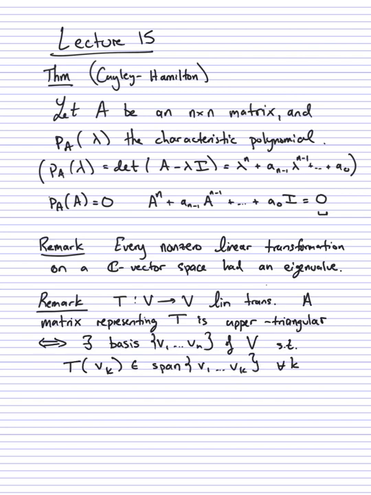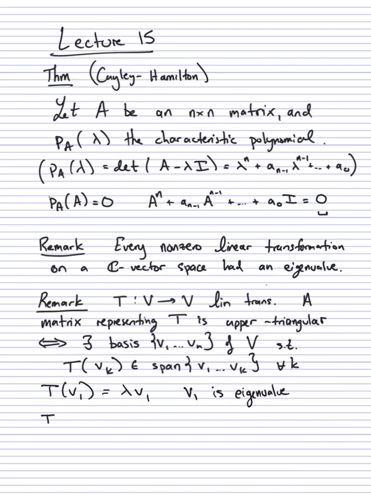So let me make this just a little more explicit. We're saying T of v_1, for example, is in the span of v_1. So in particular, T of v_1 is a constant times v_1, or in other words, v_1 is an eigenvector. Okay?